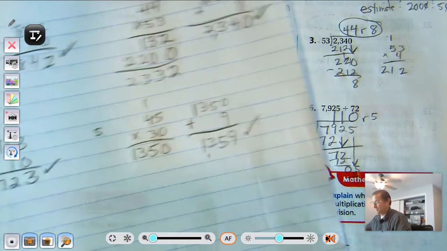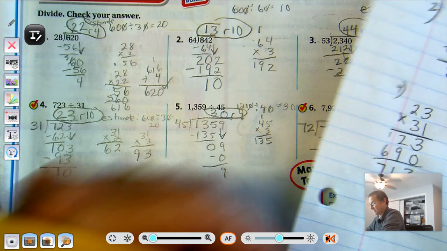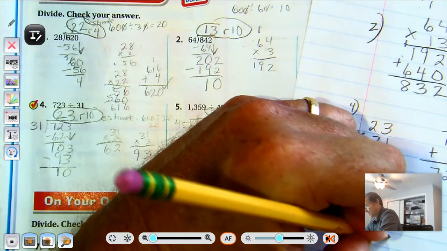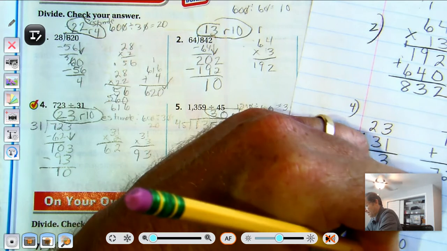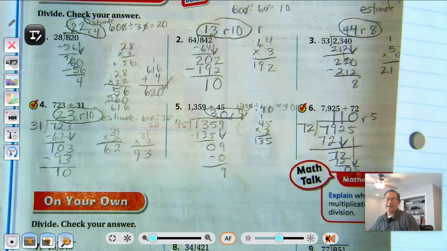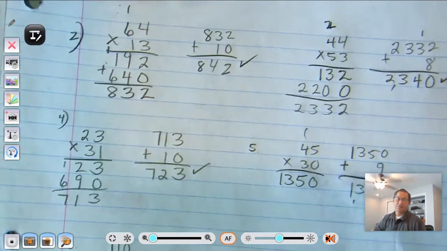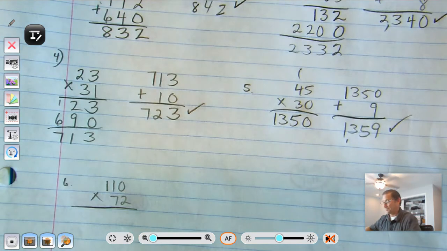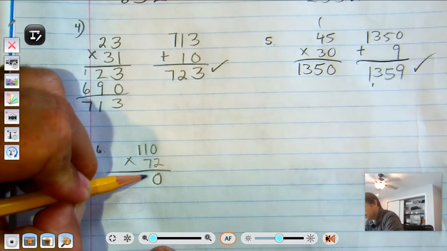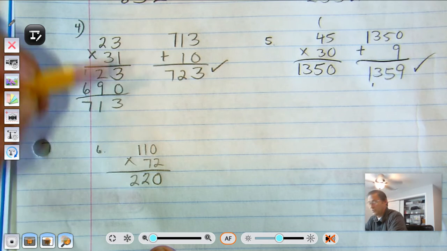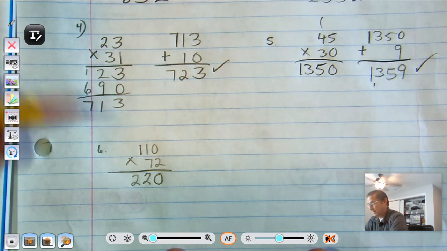Let's check our answer. We're saying 72 times 110 with a remainder of 5 should match our dividend. So 2 times 110 is 220.